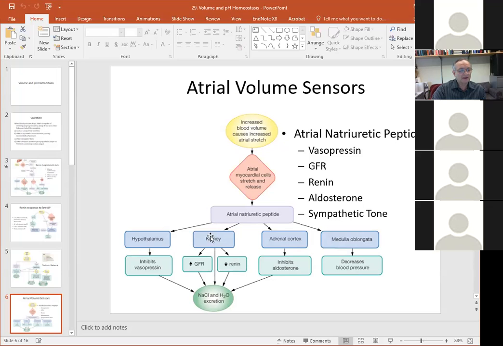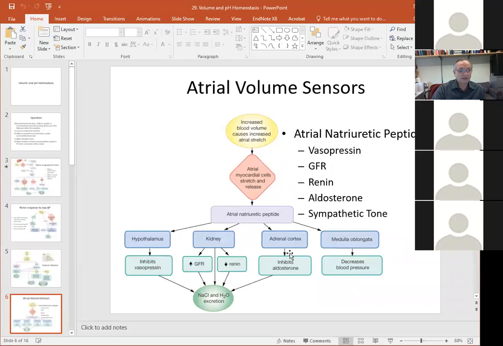But the kidney also will have an increased glomerular filtration rate because the extra volume will result in an increased blood pressure, and that will stimulate the filtration at the glomerulus. And it has direct sodium chloride and water excretion changes as well.